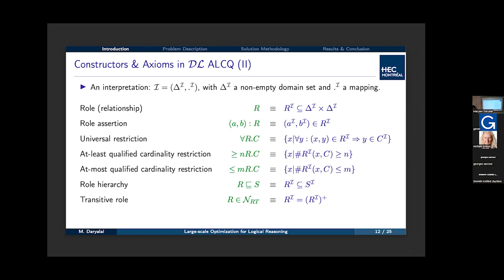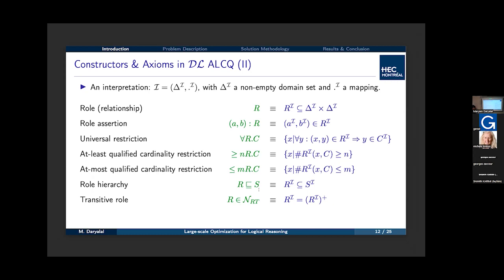So I can say that for everyone in a particular concept, a particular role should exist. So for example, all of our students should be registered. That would be a function. At least, qualified cardinality restriction, so that would be this, at most.